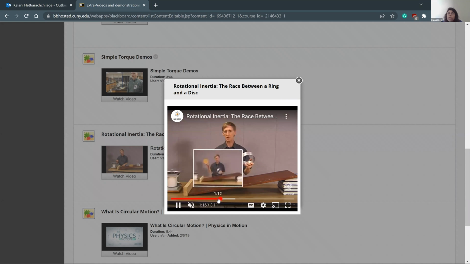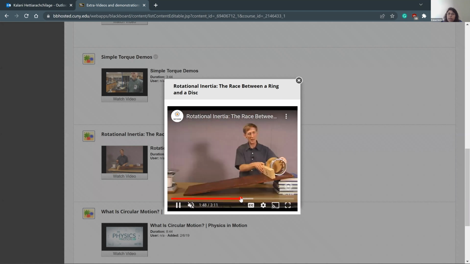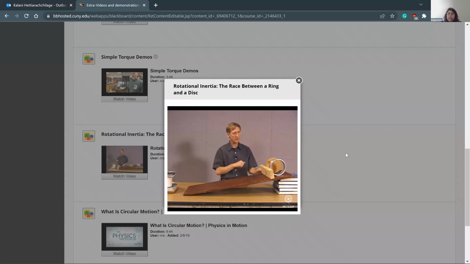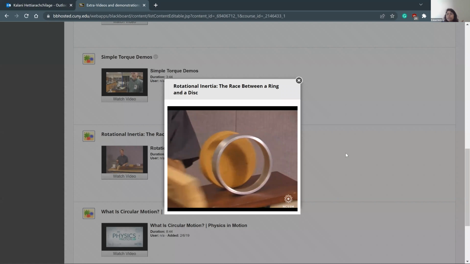If I let these two objects roll down the inclined plane, let's see what will happen. Now think about your moment of inertia in your head. The hoop has greater moment of inertia and the solid cylinder has less. That means we are expecting the solid cylinder to come first. See?